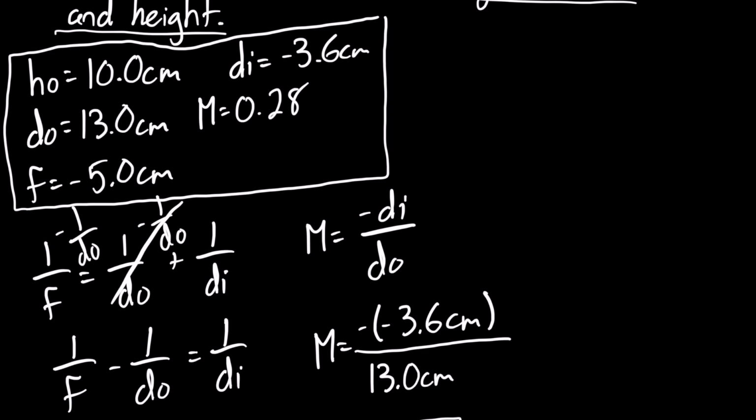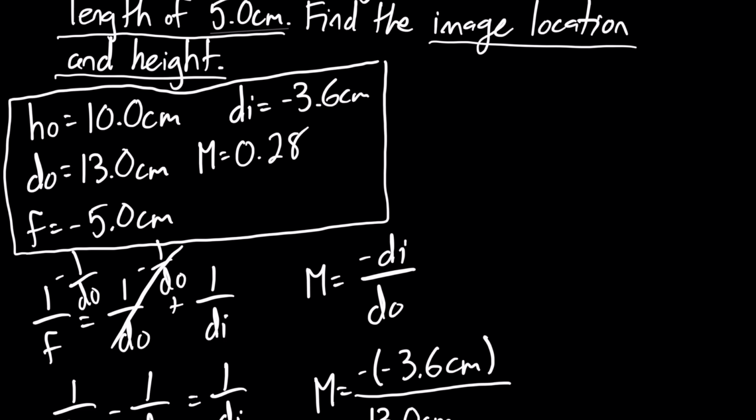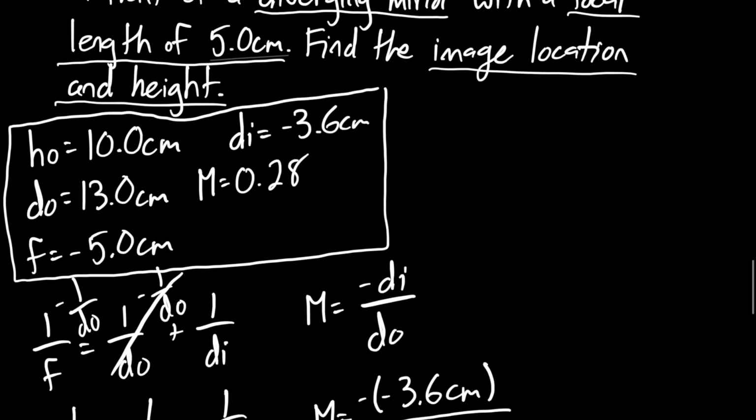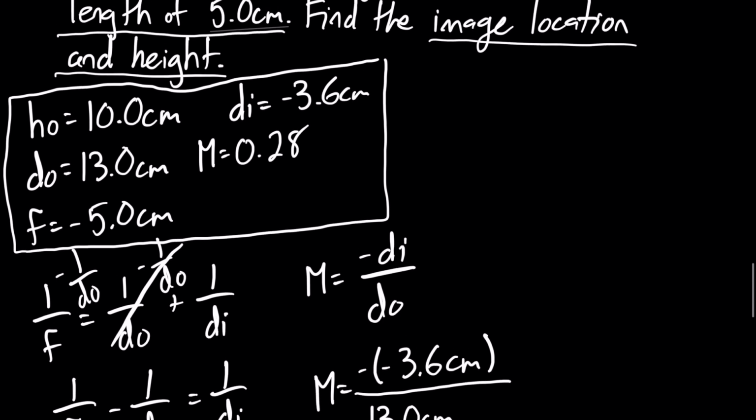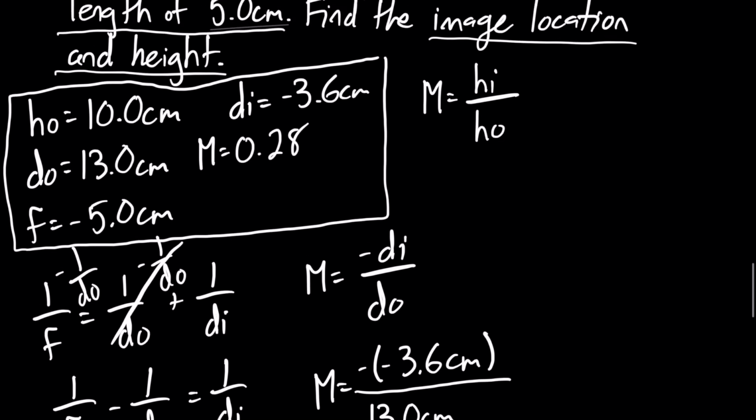Okay. So now that we have magnification, we can finally find the image height. So we'll use that last magnification equation that we can. We have m equals hi over ho. We need to manipulate just a little bit to solve for hi. So we'll multiply ho over.